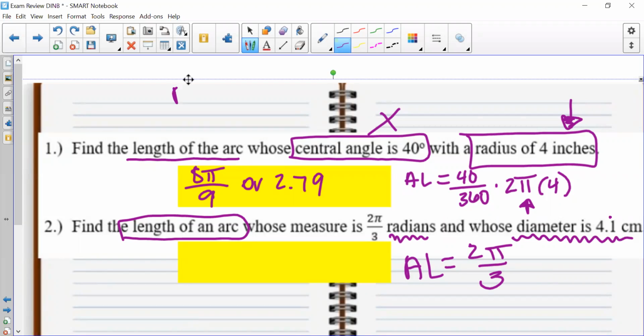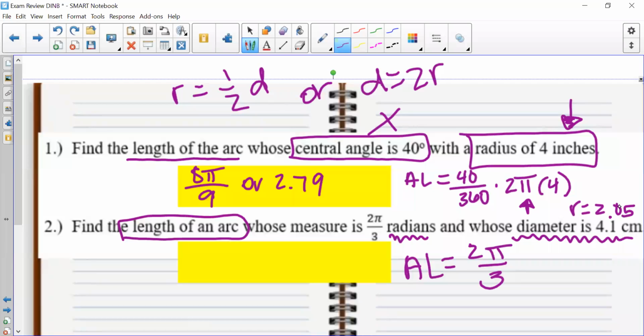The radius is half of the diameter, or the diameter is 2 times the radius, so we need to cut that diameter in half to get the radius. So 2.05 is going to actually be the radius. Again, arc length in radians says angle times radius.